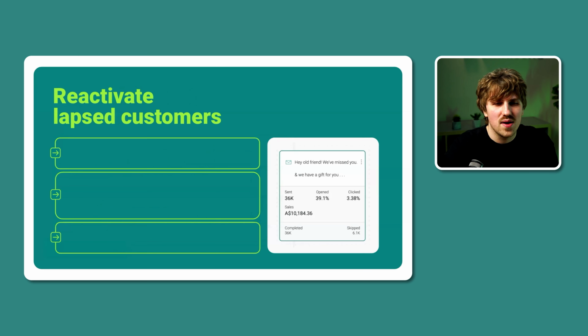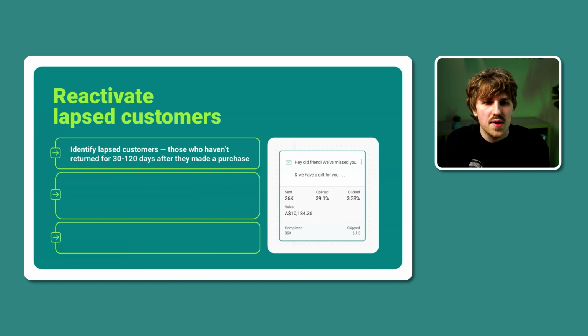And moving further, there are more flows. Reactivate lapsed customers. This one I really love because, as you can see, you're re-engaging with customers that have been purchasing from your site. That's why they call them lapsed customers.